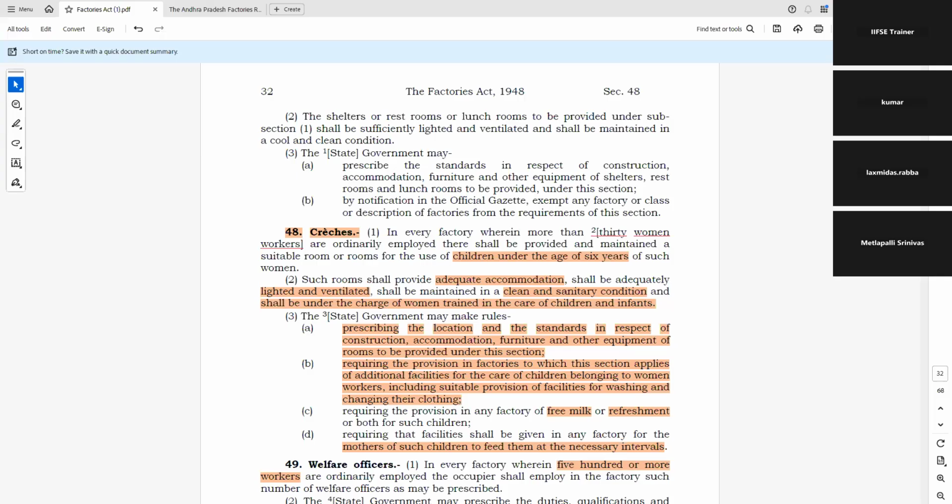Some kids used to have the mother's milk till the age of 3 years also, so where the mother is a feeding mother, they can come and feed their children, and we have to provide such provision.